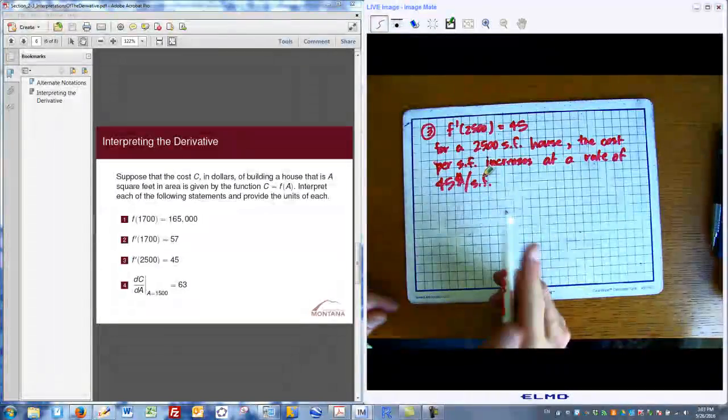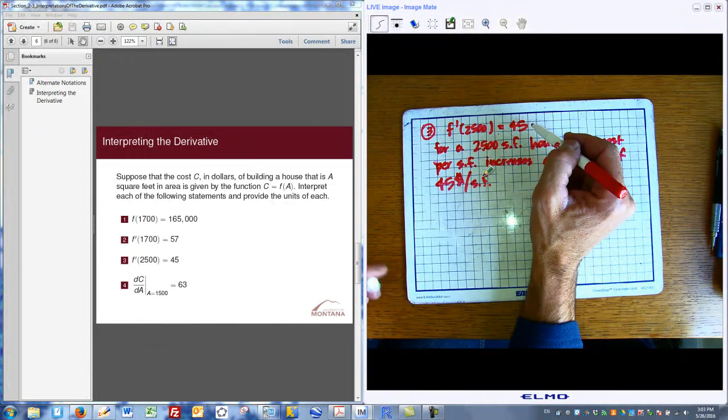So this is kind of interesting, right? For a larger home, the price per square foot is a little bit less.